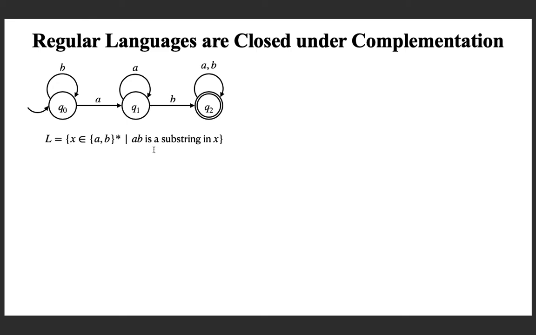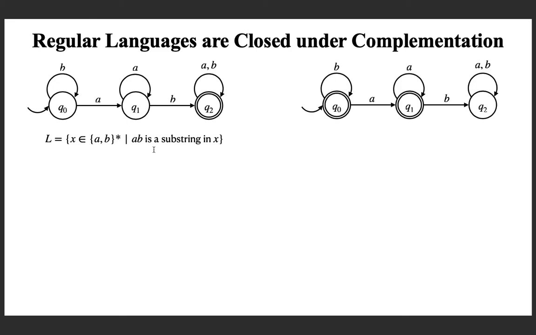Now consider this DFA that I obtained from this. Can you tell me what I did to obtain this? The same set of states; I did only one step, that is interchanging the final state status. I made all the final states non-final.